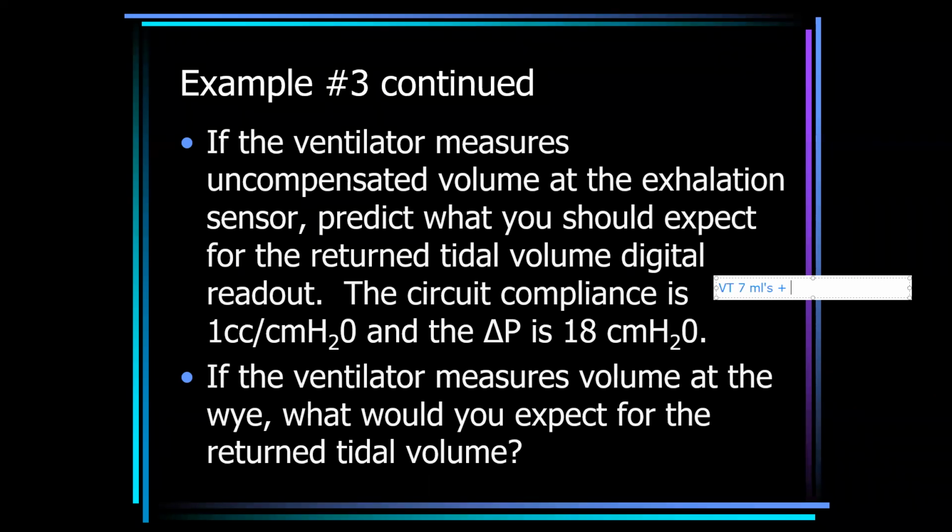Okay, so 18 mLs stayed in the circuit. So we want a 7 mL tidal volume, plus we get the return of what stayed in the circuit. So 18 plus 7. Yes, we would expect to see 25 mLs as our returned tidal volume.